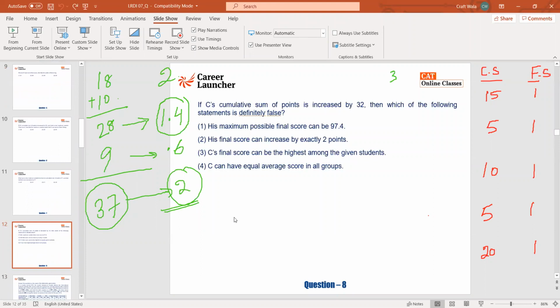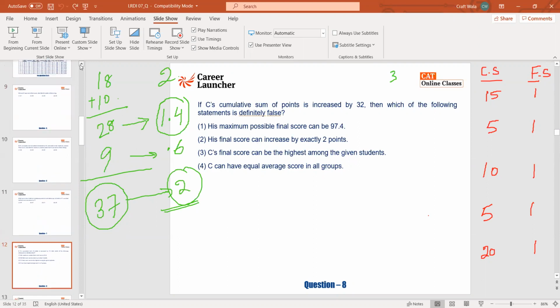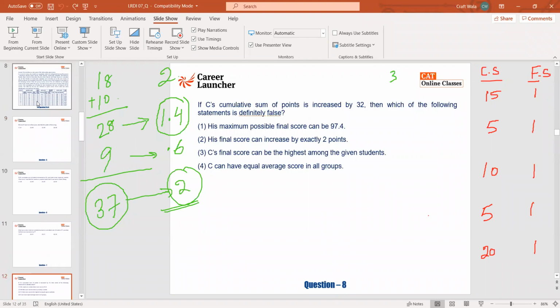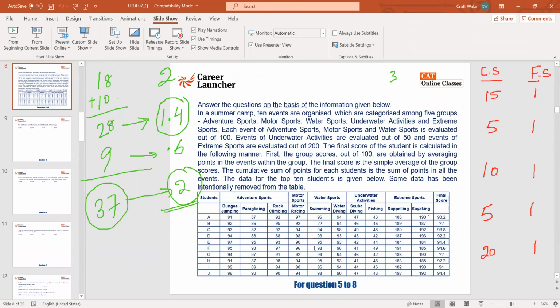C can have equal average score in all groups. Obviously, the first 3 are correct, the last one becomes wrong. And let's check how this is wrong. Can he have equal average in everything? Let's see. C's best score is what? 98.